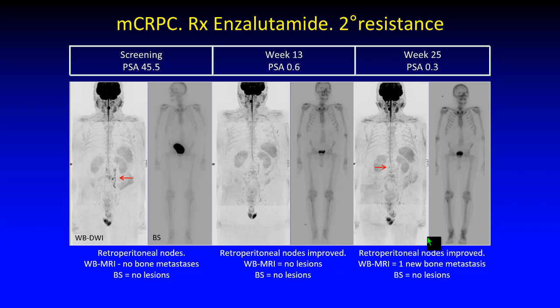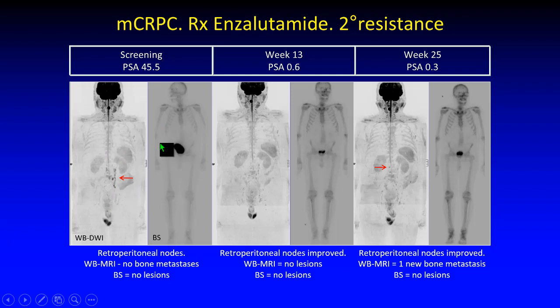So here's a patient with prostate cancer, castrate resistant, so towards the end of the journey. In the clinic, they would use PSA and they would use bone scans and CT scans to assess response. So first exam on the left, the PSA is high. You can see this is a whole-body MRI scan. I'm not going to talk about that straight away, but this is part of a whole-body MRI scan.